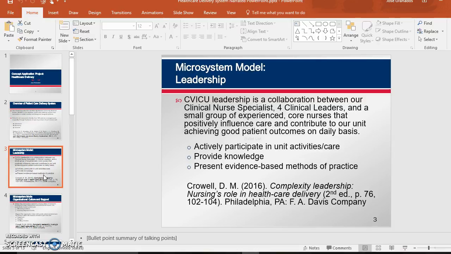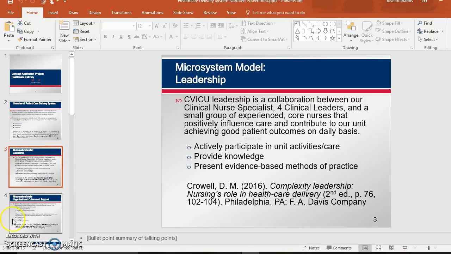They all actively participate in direct patient care, and they're all so knowledgeable. They provide their knowledge through experiences that they might have had.